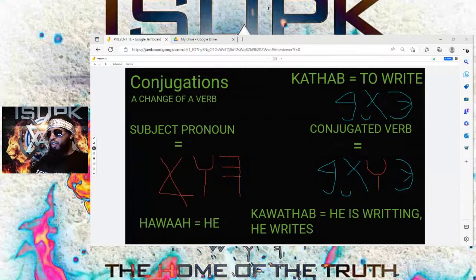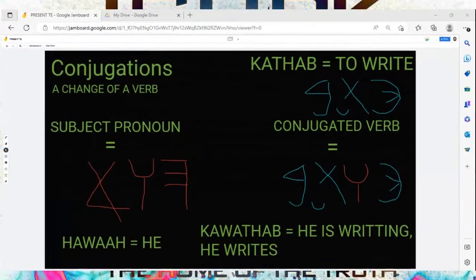If you want to conjugate the verb kathab in Hebrew, it is kawathab. Kawathab meaning he is writing, he writes. Give me 1 second.